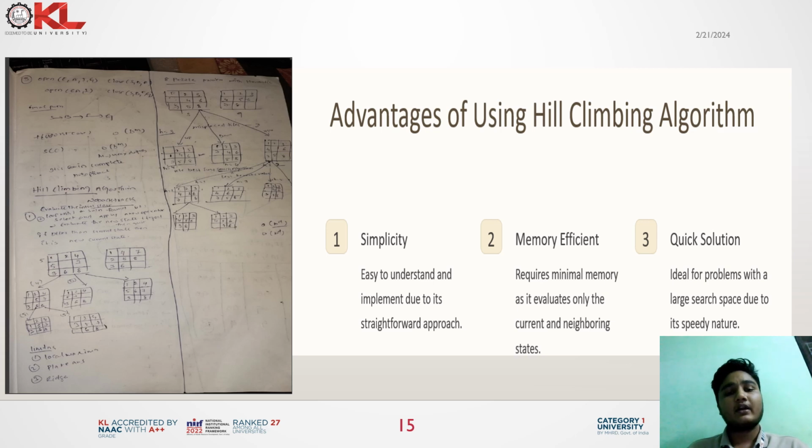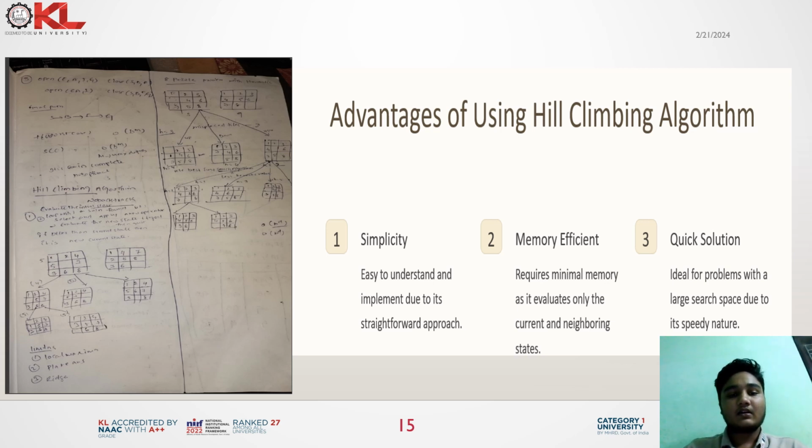It is an iterative algorithm that starts with an arbitrary solution to a problem, then attempts to find a better solution by making an incremental change to find the best solution for the given problem. It belongs to the family of local search algorithms.